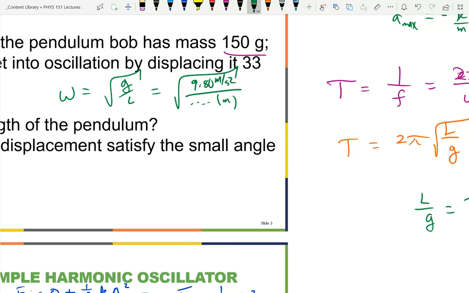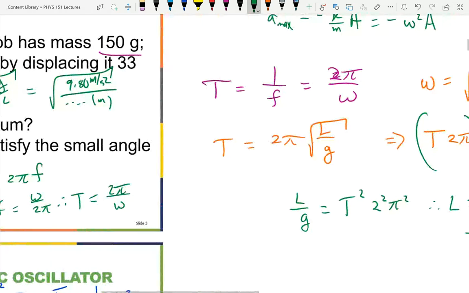Those are going to turn out to have the right units, so I'm pretty confident I remembered that correctly. And then omega is 2 pi F. F is equal to omega over 2 pi. Period is equal to 2 pi over omega. That's where we started, right?